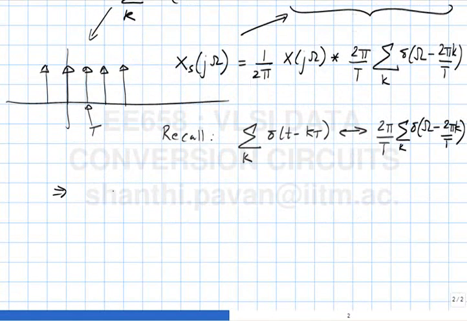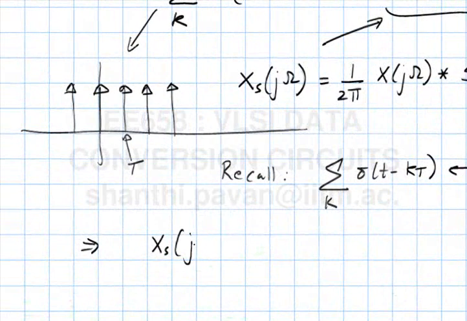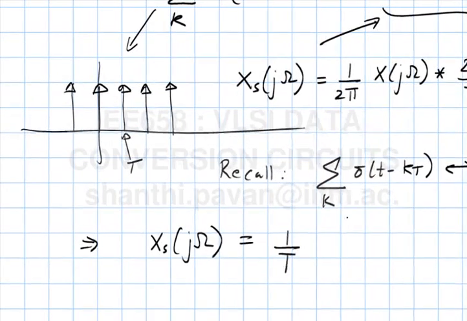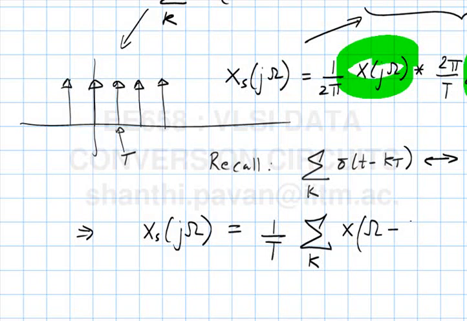Which means that Xs of j omega is 1 over T times, when you convolve these two, simply X of omega minus 2 pi k by T. Does it make sense? It's just omega, right? I can drop the j, isn't it?